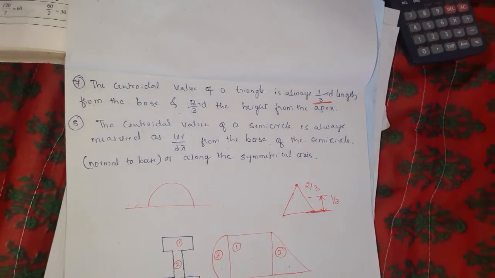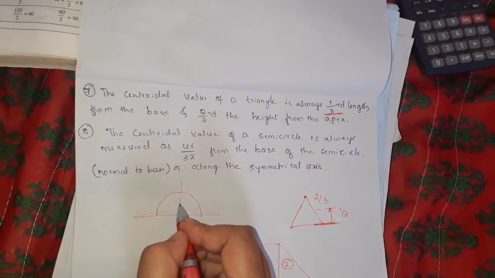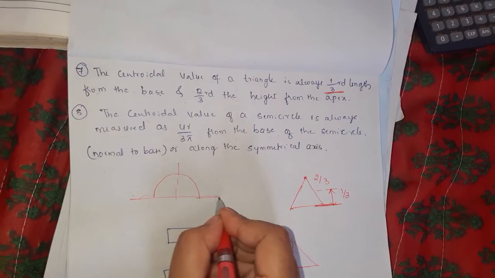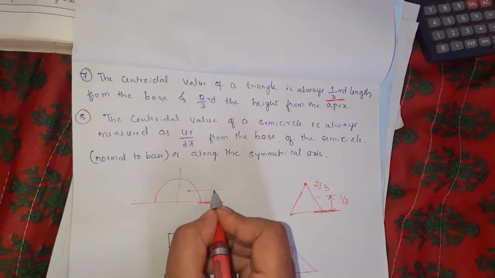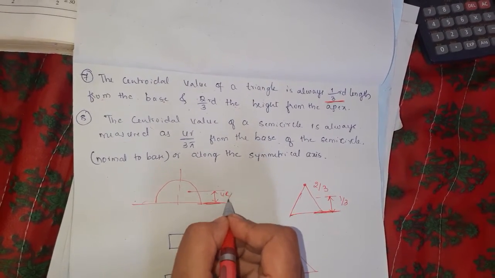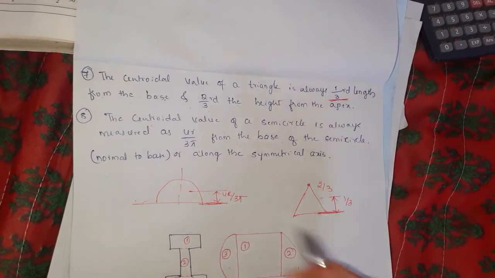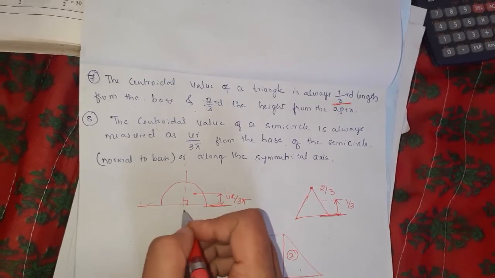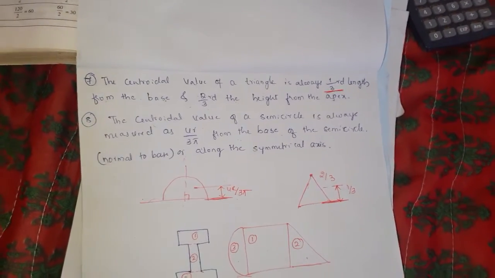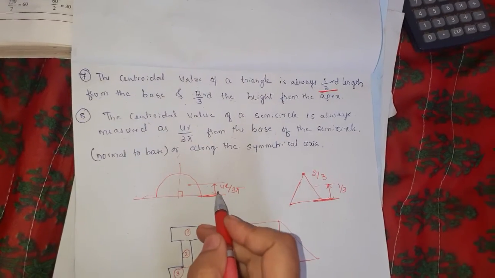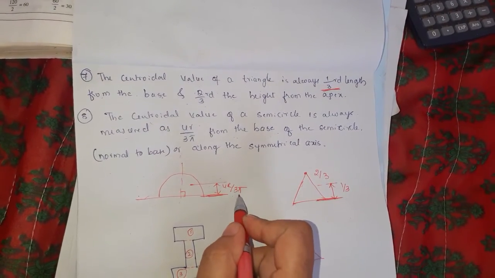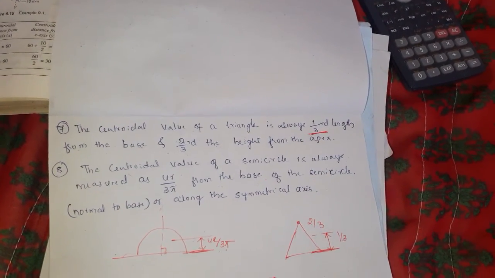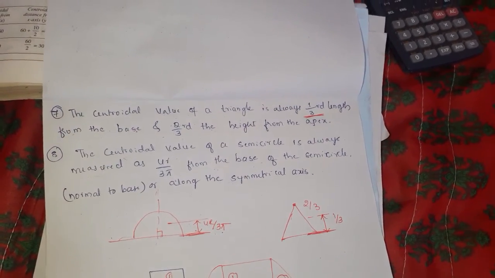The centroidal distance is always 4r by 3 pi from the base, normal to the base, that is, along the symmetrical axis; this is symmetric about the y-axis. So it is equal to 4r divided by 3 pi. These are some of the points to be remembered for solving centroidal problems.